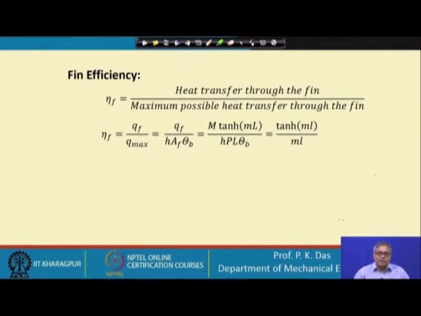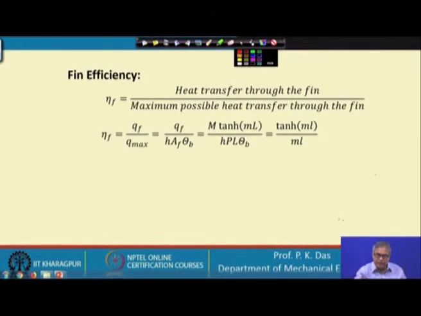How can we get the maximum possible heat transfer? If we assume that the fin is made of a highly conductive material, there is no temperature drop across the fin. So, we get that, and this is a very important piece of information.